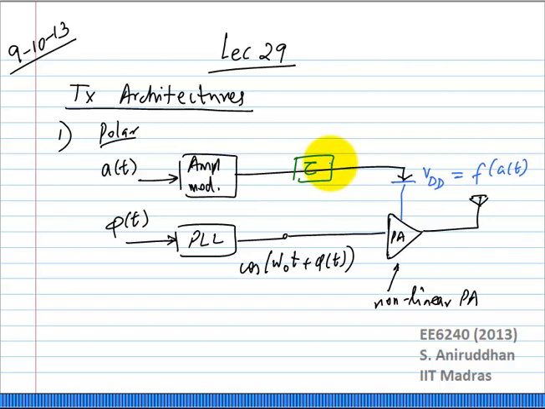You are actually applying an envelope with some delay to your phase signal. Now your signal is totally corrupted. So to keep the error vector magnitude under control, you have to be very careful to manage the delays between the amplitude and the phase path.